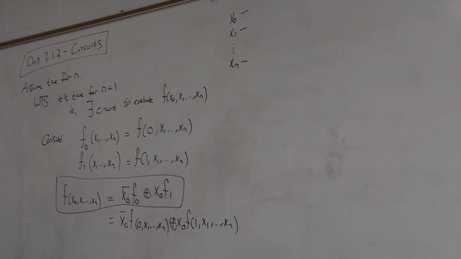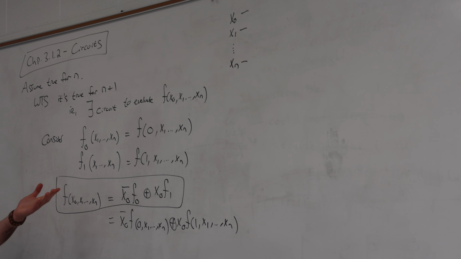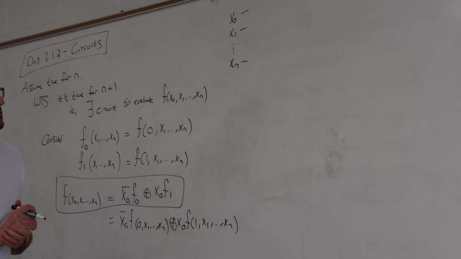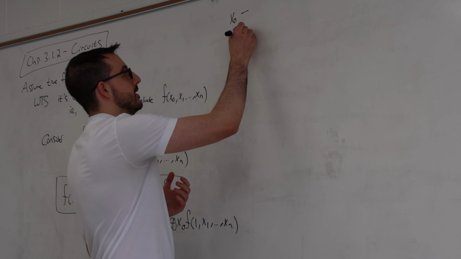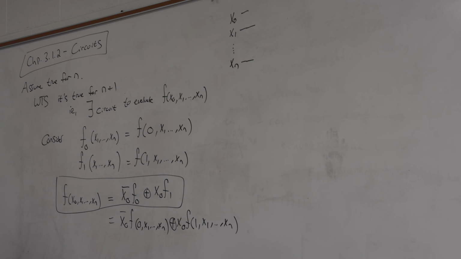All right, so this one might be a little hard to describe verbally. But roughly, you just want to implement this formula. And so let me show you how I would go about doing that. I want to evaluate both these functions, f0 and f1, on the input bits x1 through xn, right?